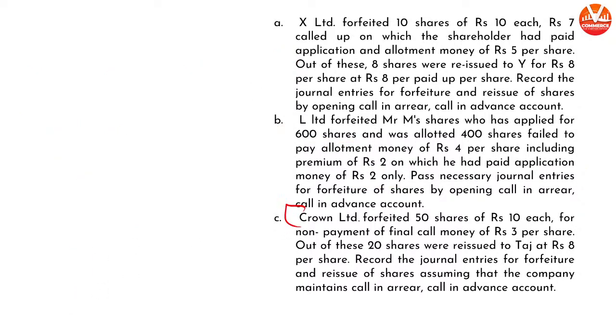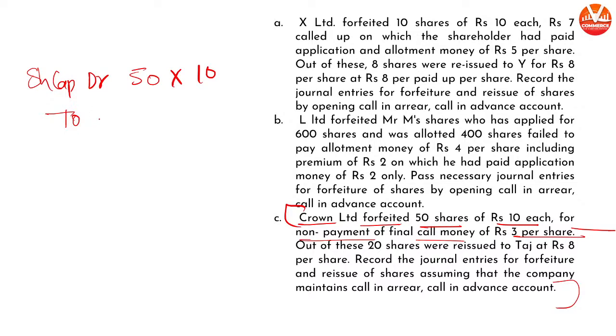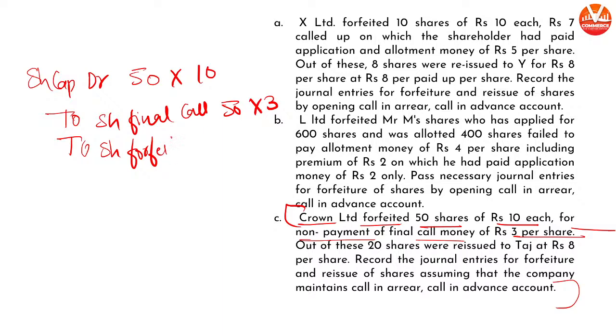Now coming on to the third case, which is easy. Crown Limited forfeited 50 shares of 10 each for the non-payment of final call of 3 per share. So share capital debit 50 shares of 10 each, to share final call, we are not receiving 3 rupees on these shares, so to share forfeiture.